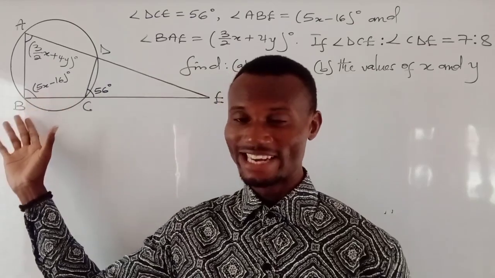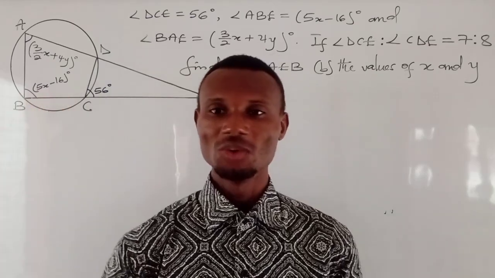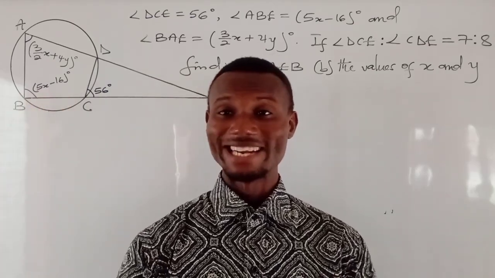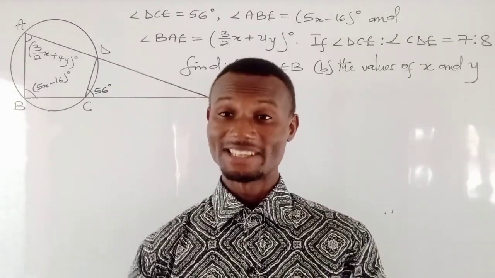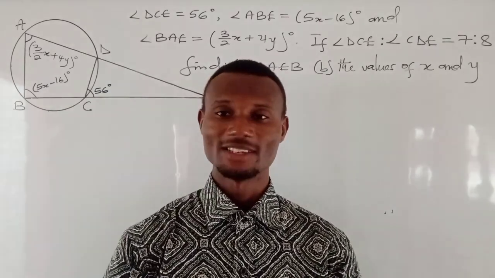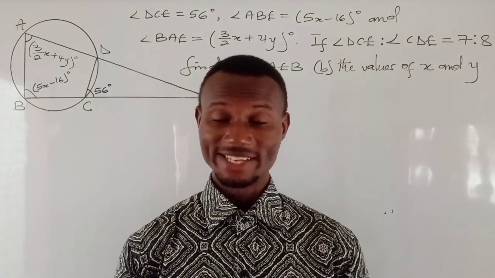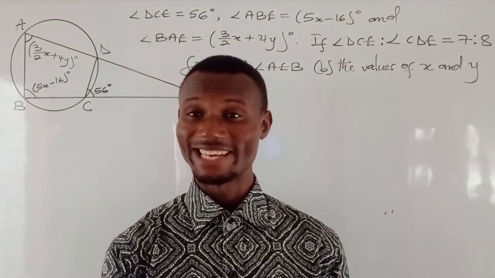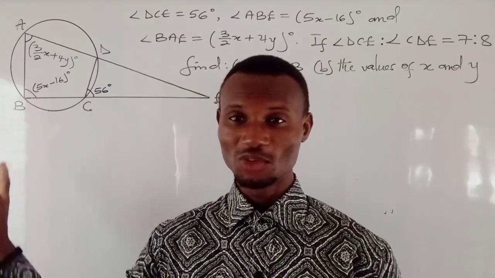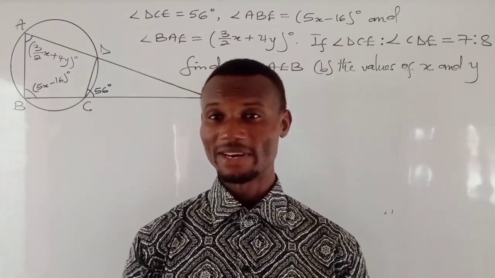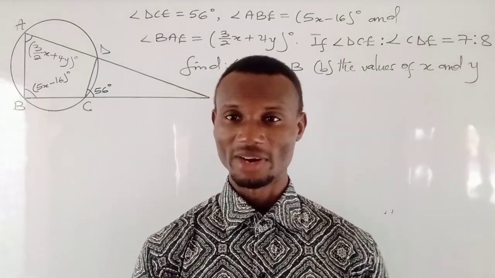You can see that there's a diagram given here. That's the first step, and it helps us to be able to solve the question. So let's go ahead and identify all the given values in the diagram, one by one.